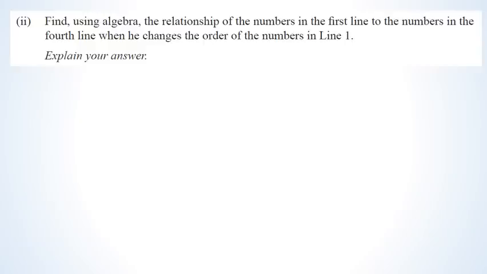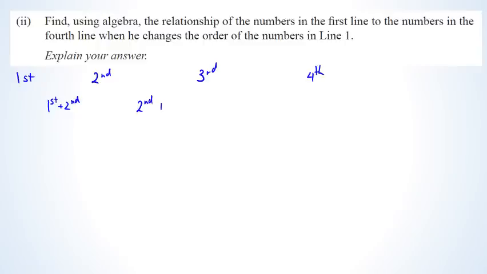So the way I kind of explained this was this. Actually, I'm going to need a bigger space. Hang on. So first, second, third, and fourth. So my second line is going to have the first number plus the second number.